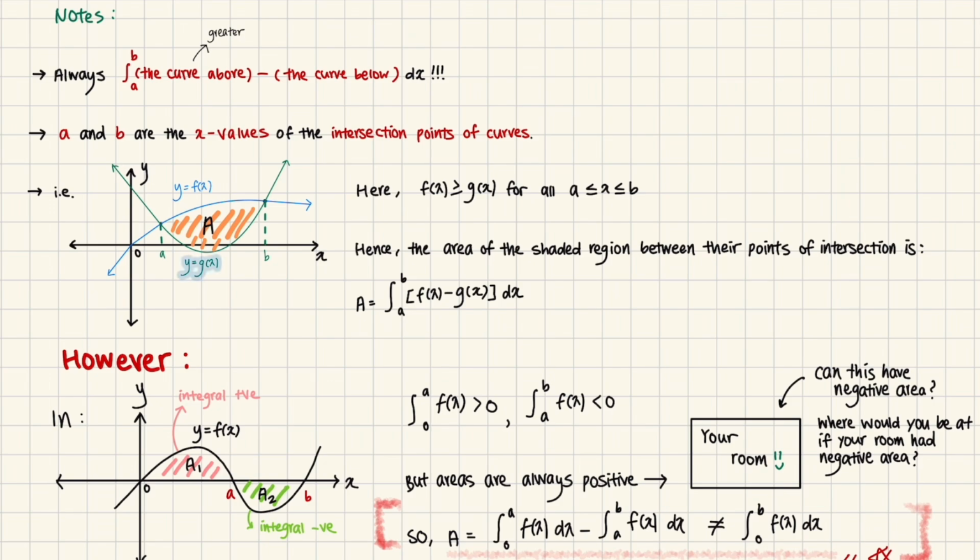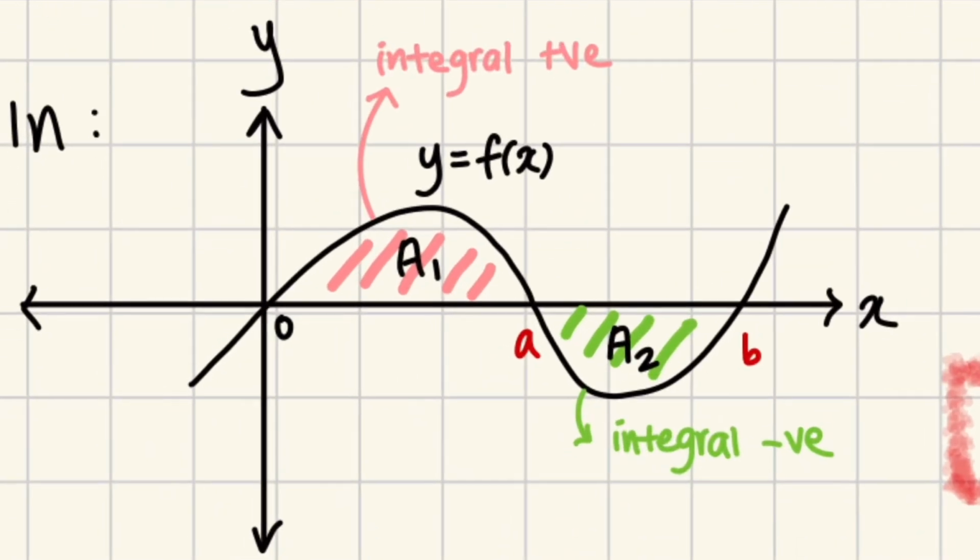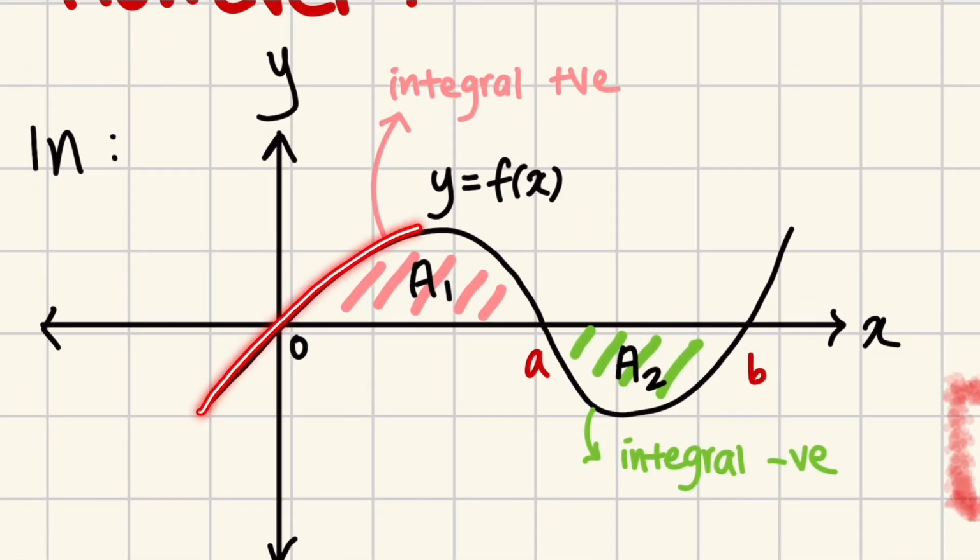However, that was the case for two graphs, but what if it's just one graph, like this one? We only have one graph here. Y is f(x), but we have two different areas enclosed by the graph and the x-axis. This one is going to be negative because it's under the x-axis, and that one is going to be positive.